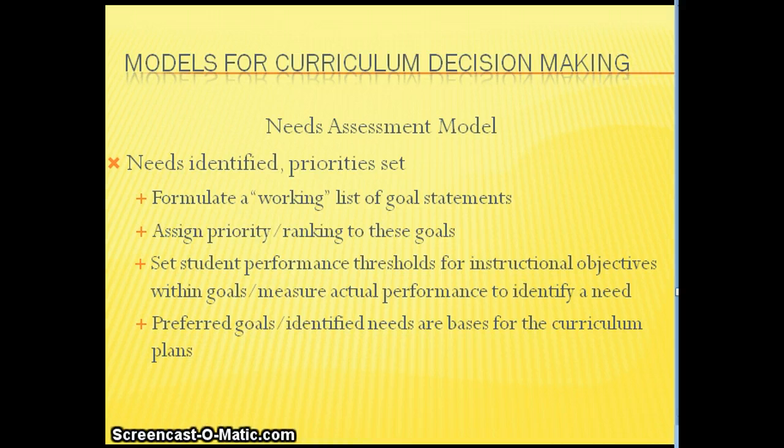One of the criticisms or problems is the goals themselves. Standards in some way have helped to take care of this problem, but in some way they haven't, because it's very easy for goal statements to be very vague.